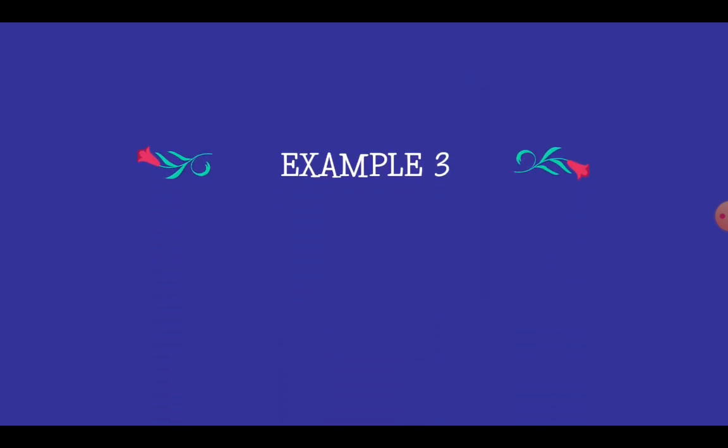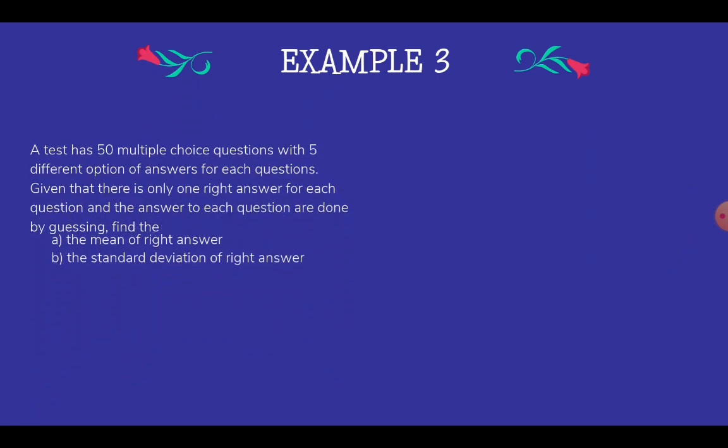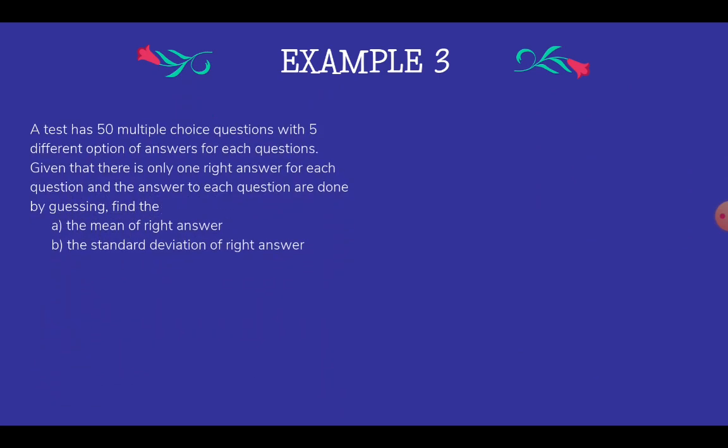Okay, next. Let's look at an example. A test has 50 multiple choice questions. So we know that this is N. With 5 different options of answers for each question. Given that there is only one right answer for each question and the answers to each question are done by guessing, find the mean of right answers.